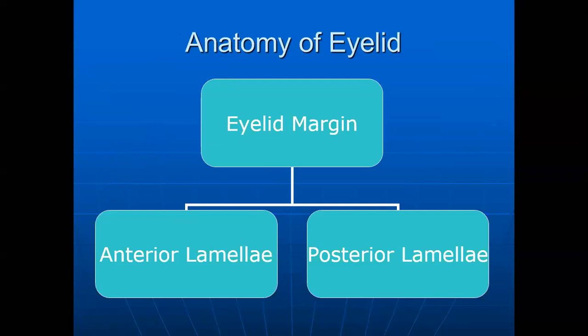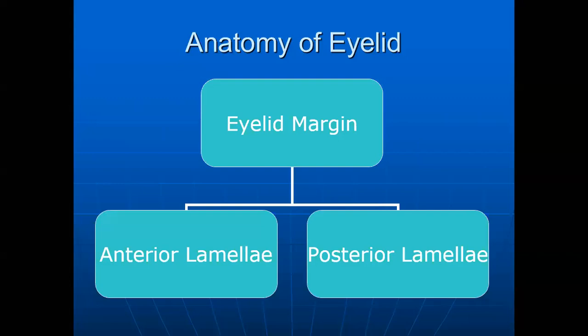Okay, so I was just telling you about the different layers of the eyelid. We have covered the cutaneous layer, the subcutaneous layer, the muscular layer, then the tarsal plate layer, and the innermost is the conjunctival layer. If we broadly divide this eyelid into two portions, we can divide it into the anterior lamella and the posterior lamella.